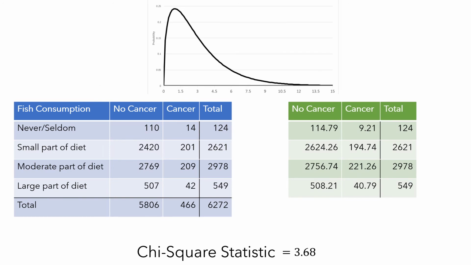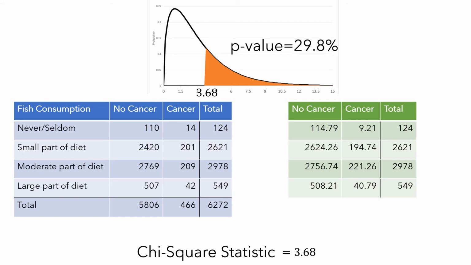So we can look at a chi-square distribution with 3 degrees of freedom that is created from a null model. Then we'd look at the chi-square statistic and compute the probability of getting the statistic. In this case, this probability, the p-value, is 29.8%.